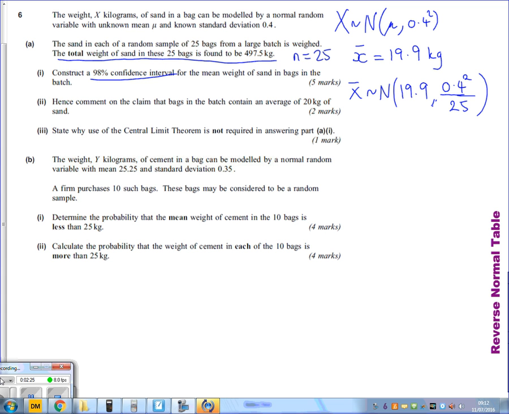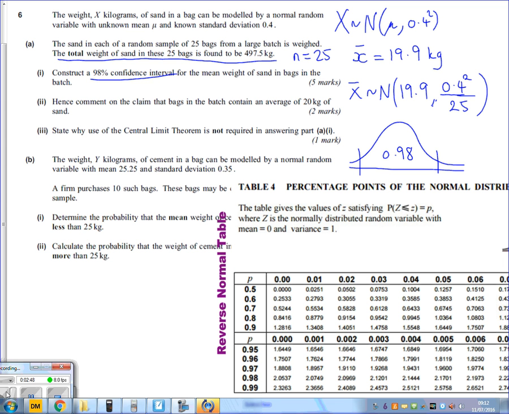So we want a 98% confidence interval, so I need to think about my normal distribution. I want 98% of the data. So when we're doing a confidence interval, we need to think about the shape of the distribution.